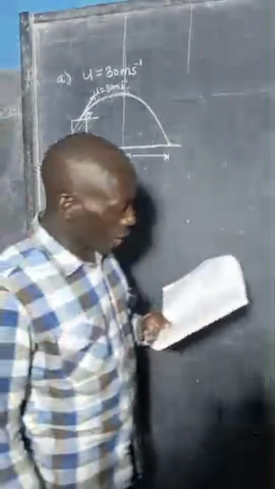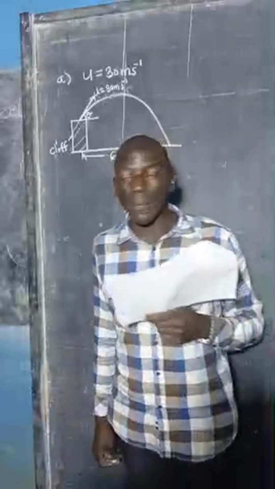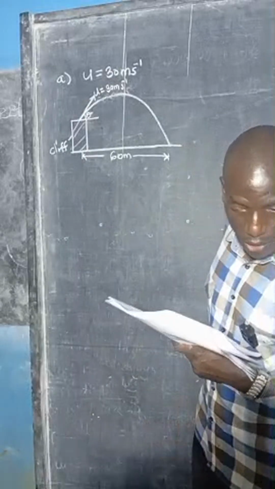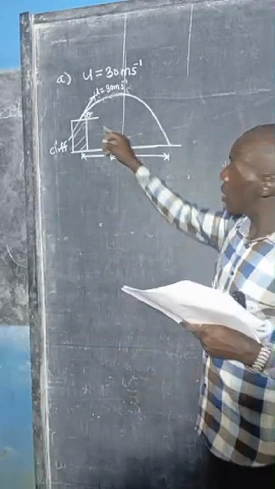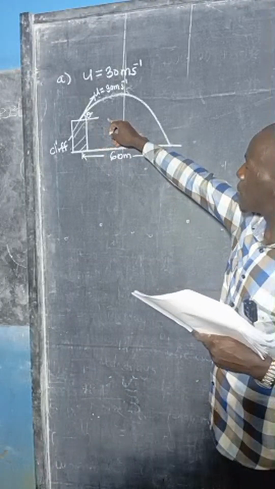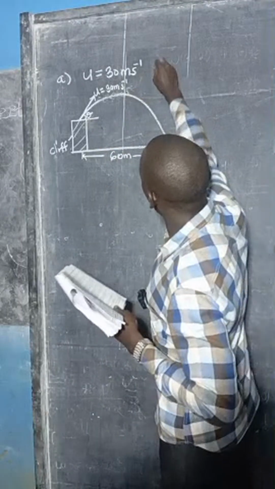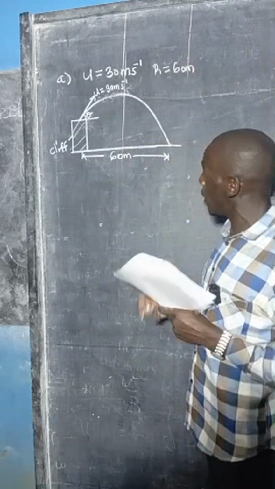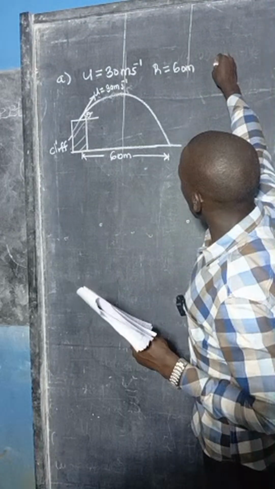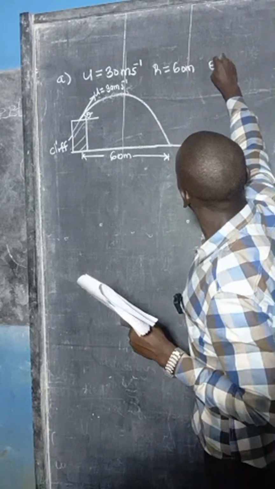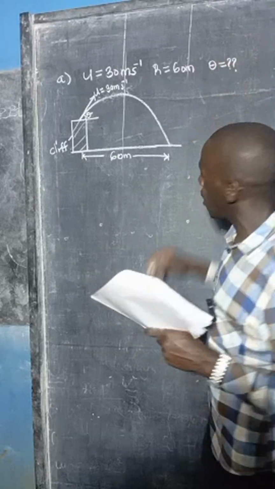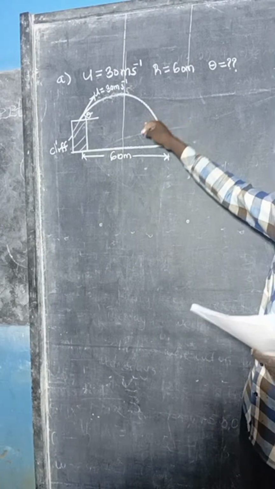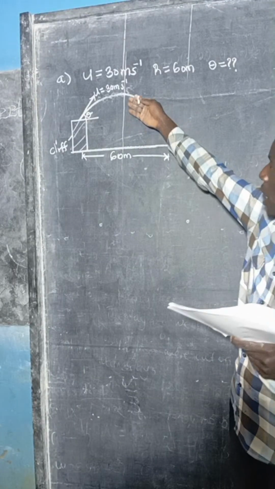Whenever we answer the final question on projectiles, what you have to look at is what things I am supposed to see from the question. When you look at the diagram so far, we have the horizontal distance given, and the angle of projection is what we are looking for. This means someone should not be talking about things like maximum height, because the maximum height here is not given.